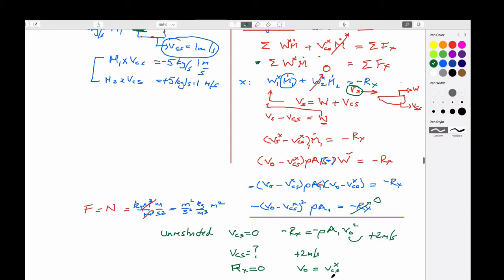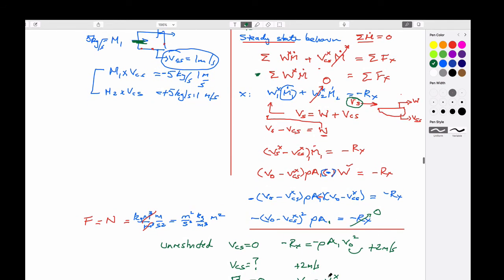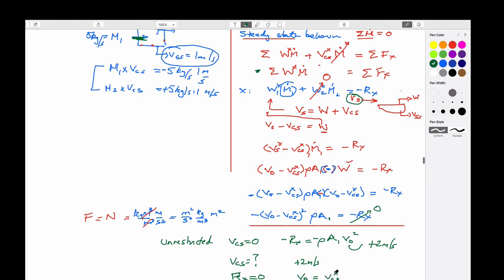So the velocity of the control surface has to be moving at 2 meters per second in the right direction. And that's constructive, right? The water's moving at 2 meters a second. If it's a weightless and frictionless trolley, the trolley's going exactly the same speed and being pushed ahead of it with the water barely touching it.